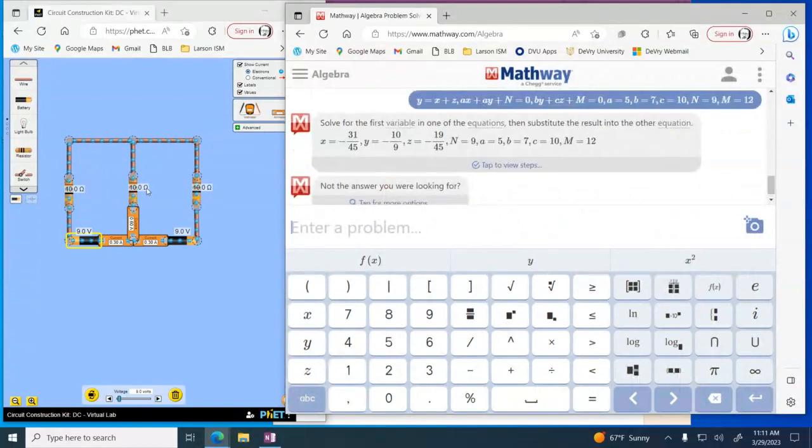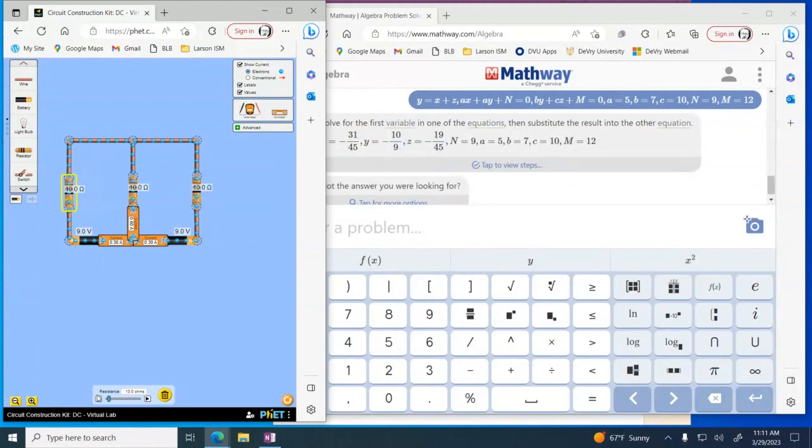It'll give us a new set of answers, and then we could go over here and make this 5, make this 7, and this battery 12.